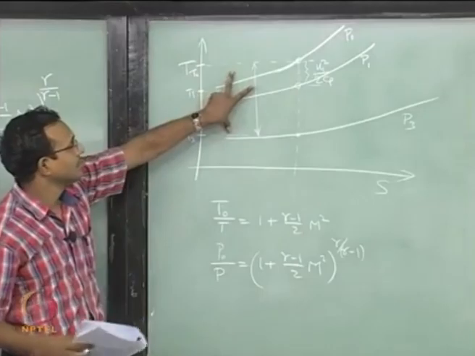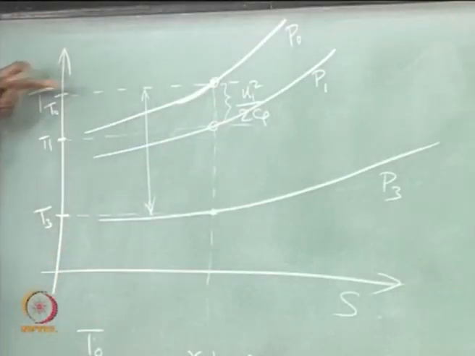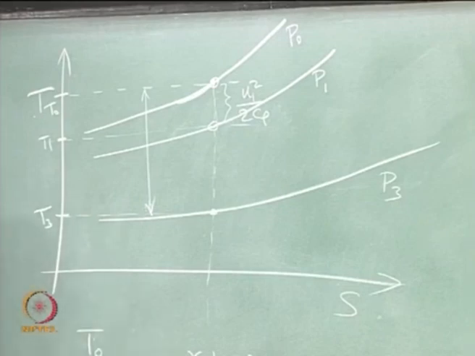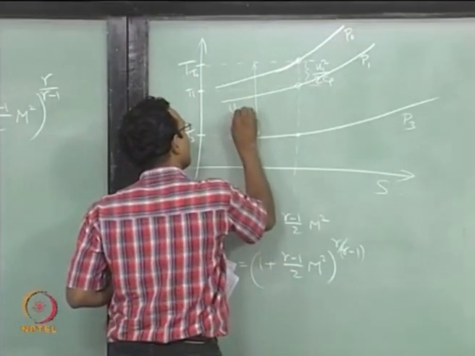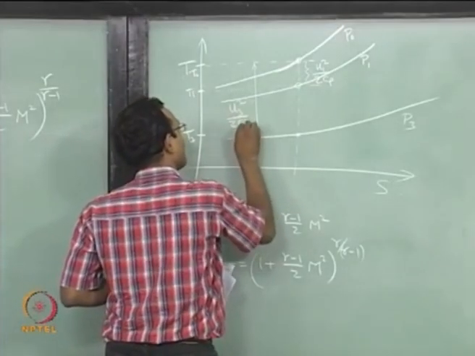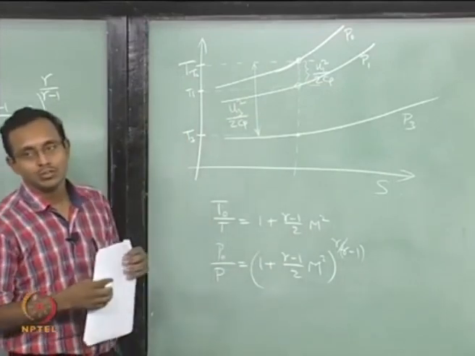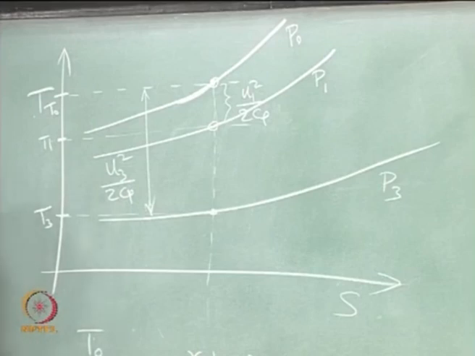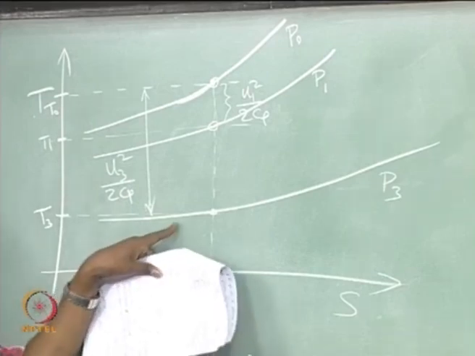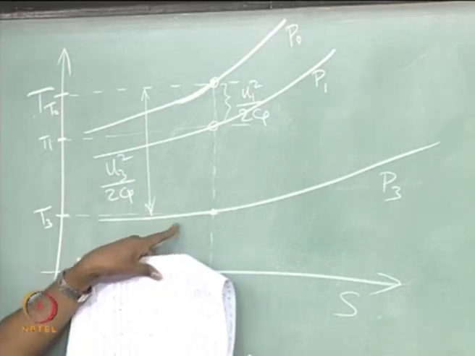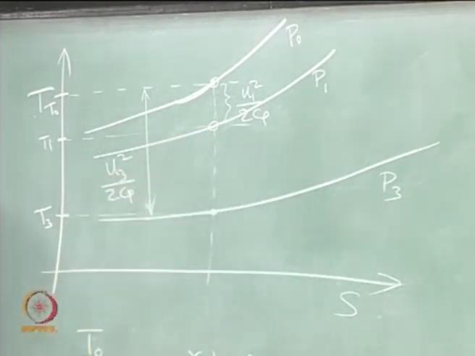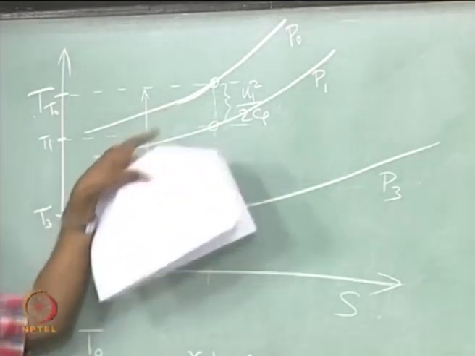This gap, T0 to T3. What is that gap equal to? U3 square by 2 Cp. Now, I will draw this special case 2, which corresponds to M equal to 1. This I said is supersonic, 3 is supersonic, M3 is greater than 1, M1 is less than 1, M0 is 0.